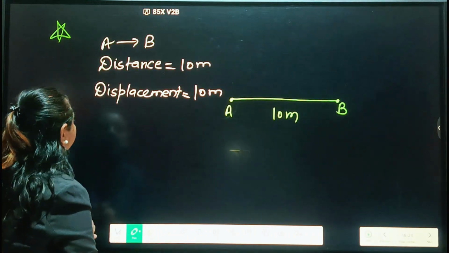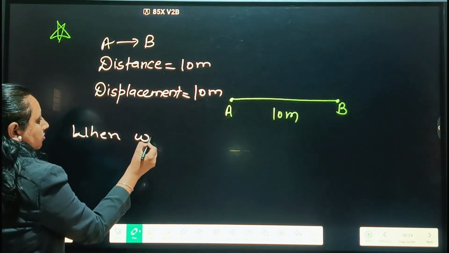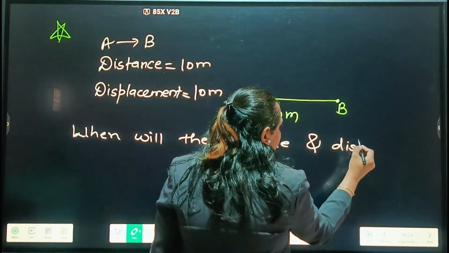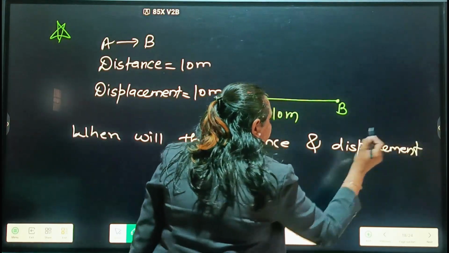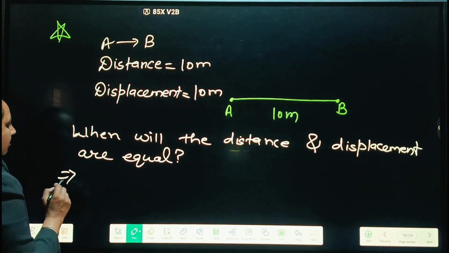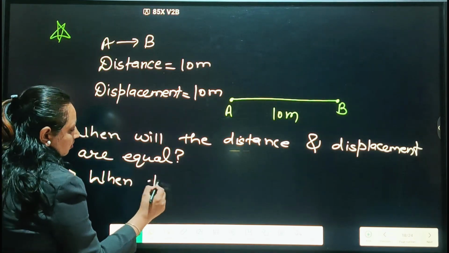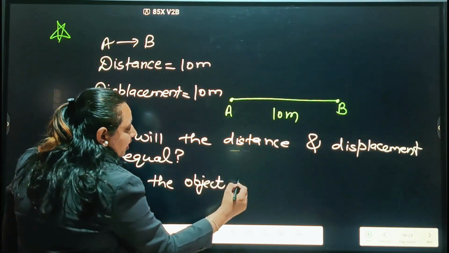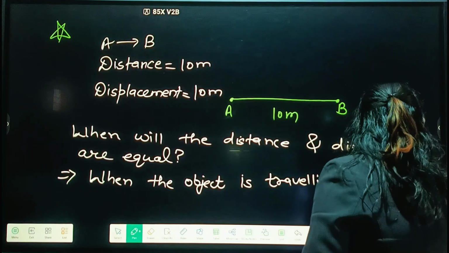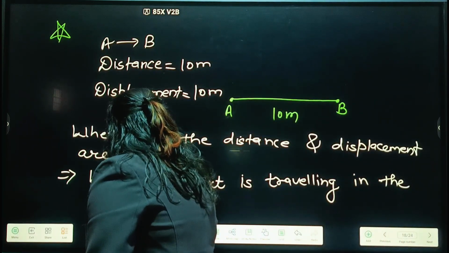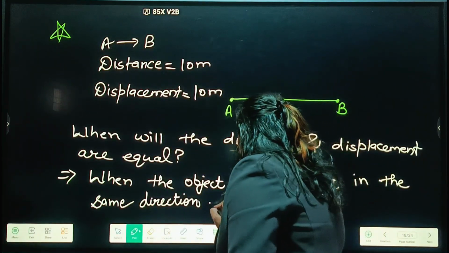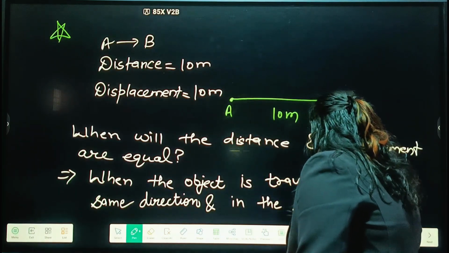So the question arises, when will the distance and displacement be equal, have the same value? So what is the answer? When the object is traveling in the same direction and in a straight line.